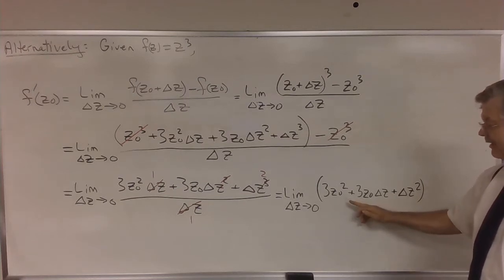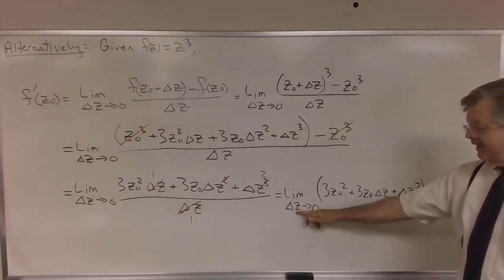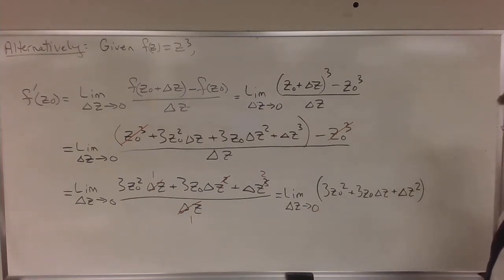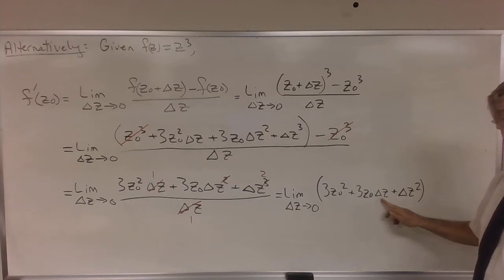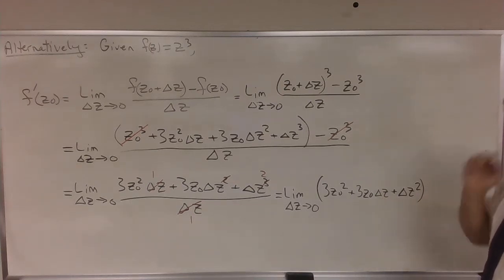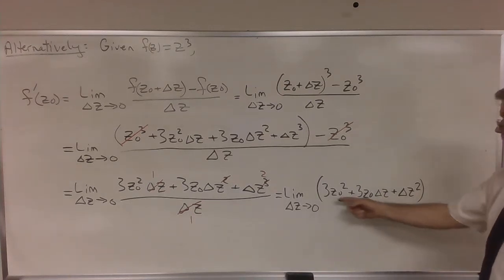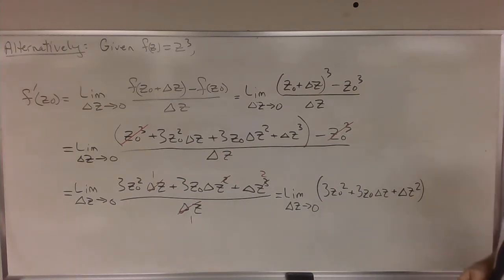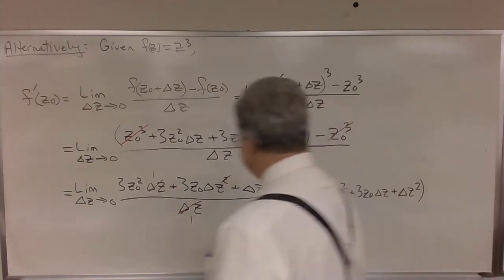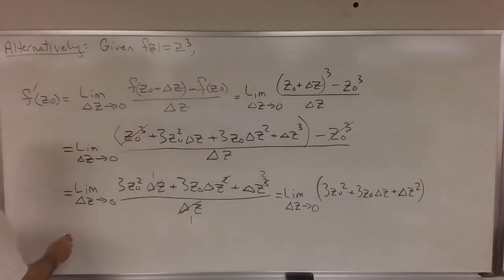Now, how do we evaluate this limit as delta z goes to 0? Well, now z naught is the constant, but delta z is the variable. And we have a polynomial in the variable delta z, which means we can plug in 0 for delta z.